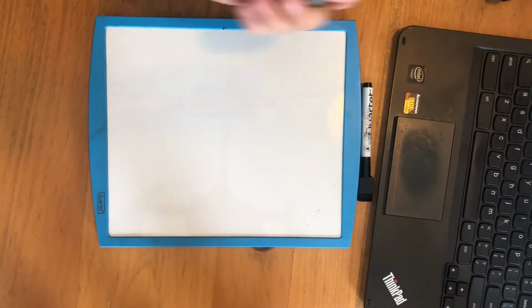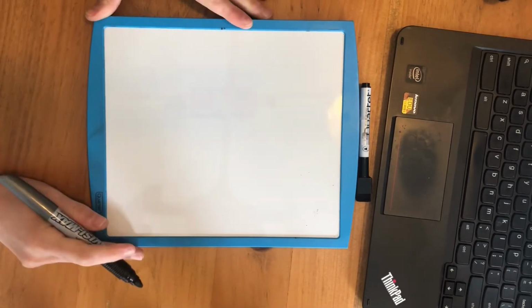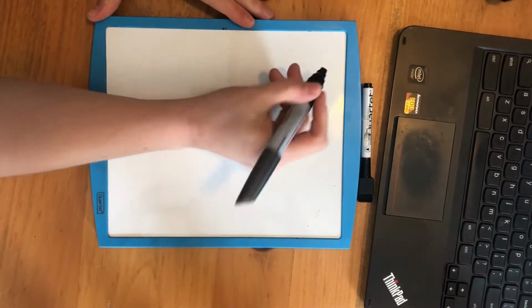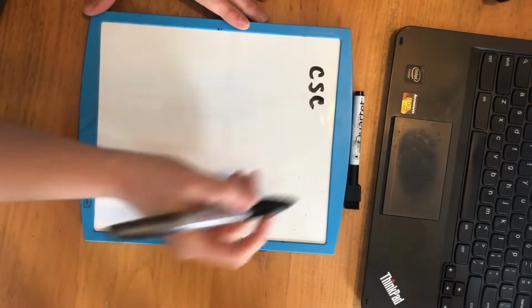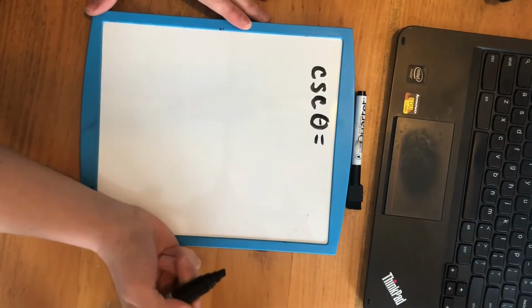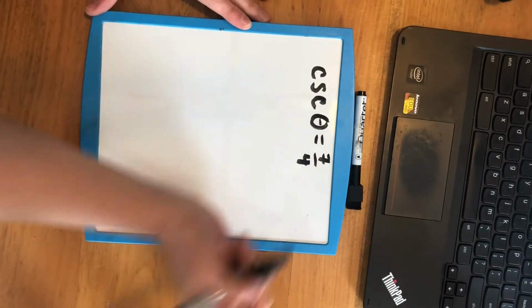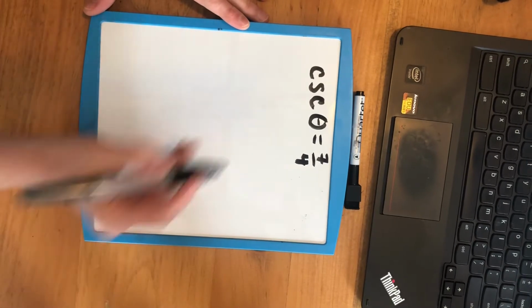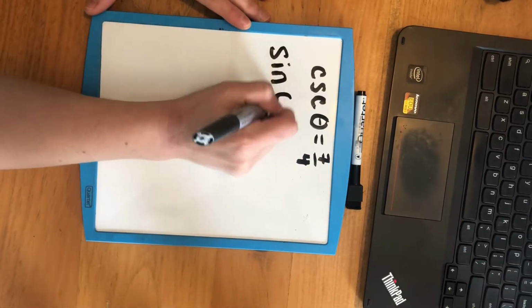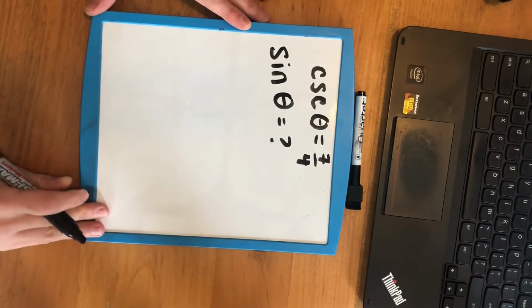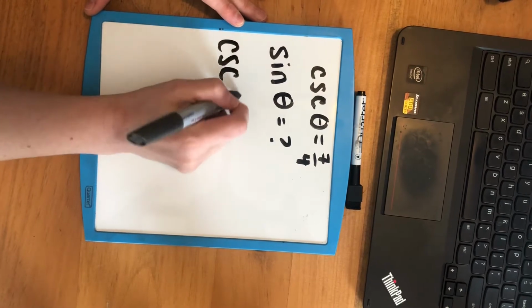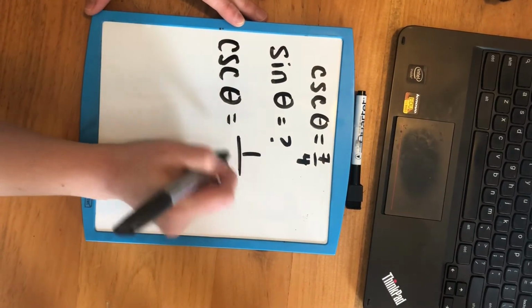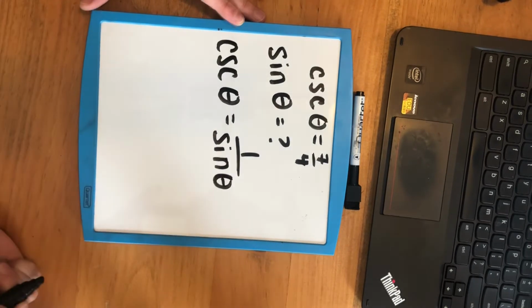Okay, so we want to be able to now use these reciprocal identities to evaluate the trigonometric functions. So let's say we have an example where we have cosecant of theta equal to 7/4, okay? And we want to know what is sine theta. Well, using the identities, we know that cosecant of theta is just 1 over sine theta, or their reciprocals.